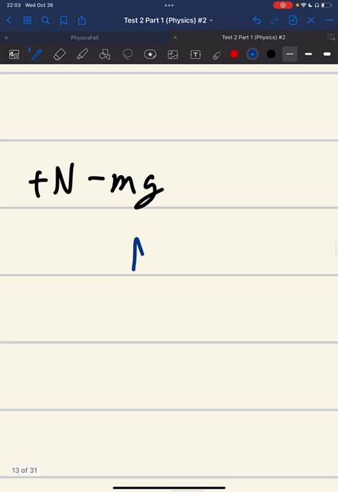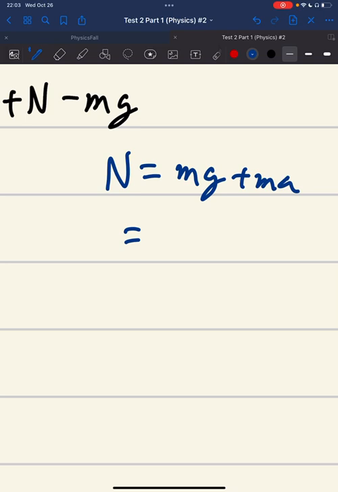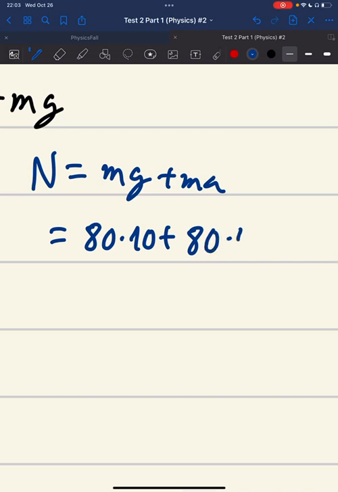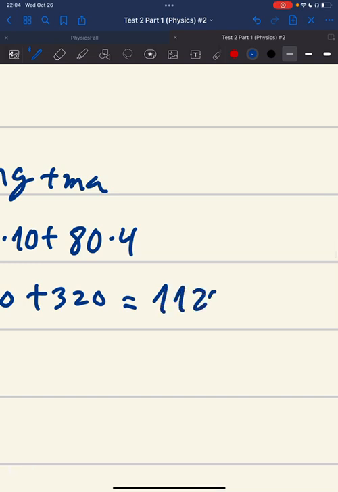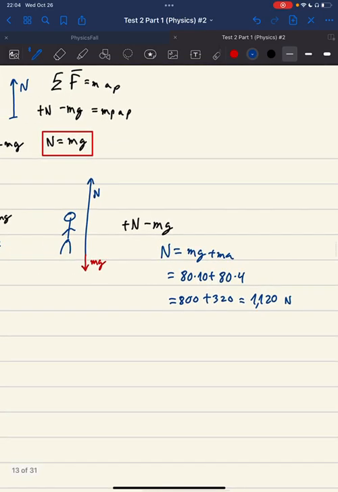So N equals mg plus ma, mass times gravity plus mass times acceleration. So 80 times 10 plus 80 times 4. In this case, it's 800 plus 320, which will give you 1120 newtons. We're going to go to the other part.